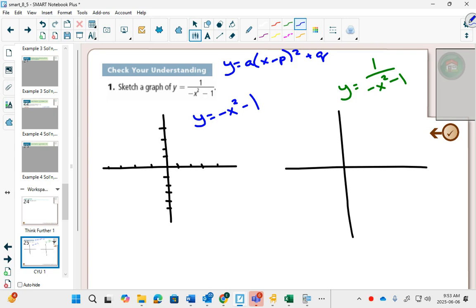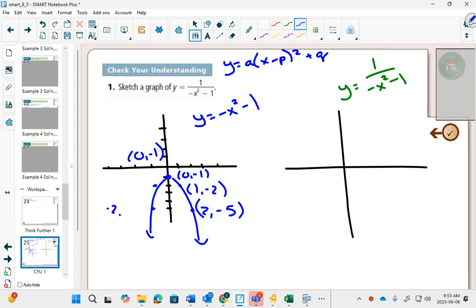So 0 and -1 is our vertex. Which way does this parabola open? Up or down? Down. It opens down, so I go over 1, down 1. Over 1, down 3. And I can label these points. I've got (0, -1), (1, -2), (2, -5), (-1, -2), (-2, -5). That's my points.